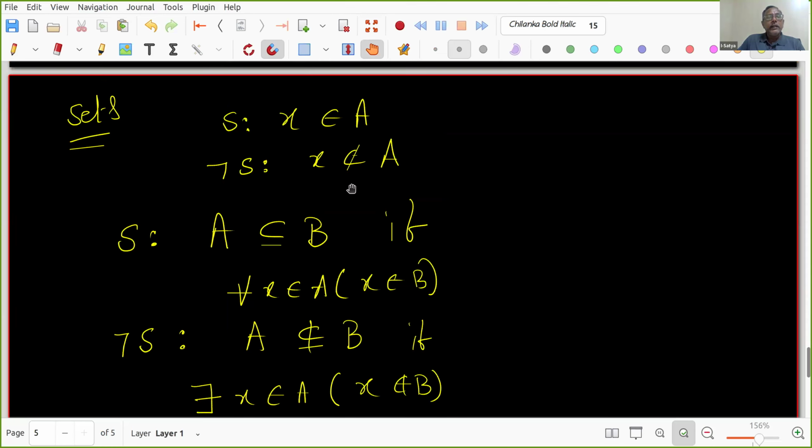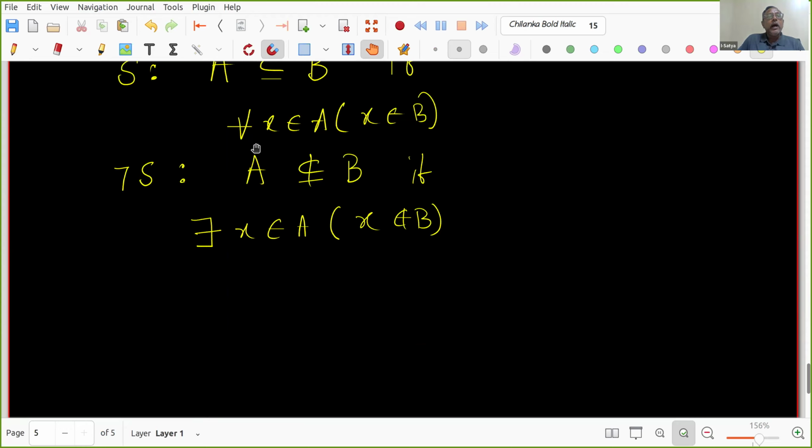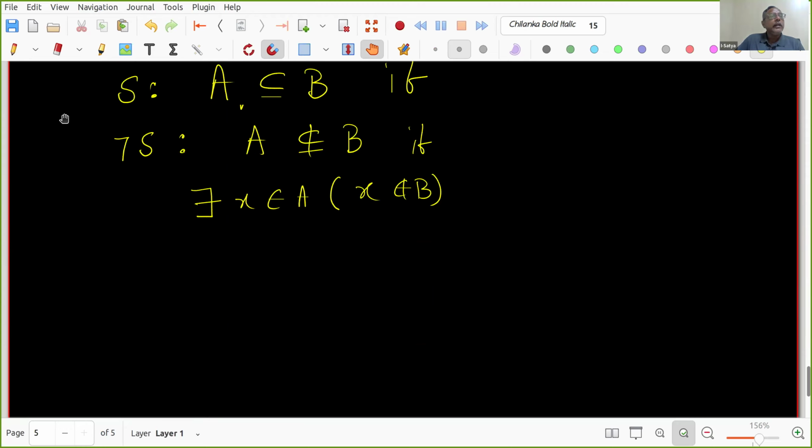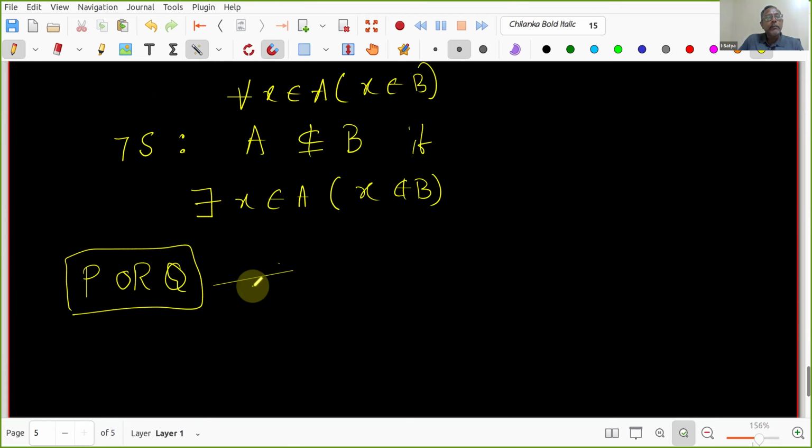See, statement, negation, given any, there exist, all of them are connected with the definitions, right? Now somebody can tell me, by using sets, we are taking P or Q, right? So P or Q, somebody can tell me in terms of sets, what is related to that? Can you tick if you want to say?